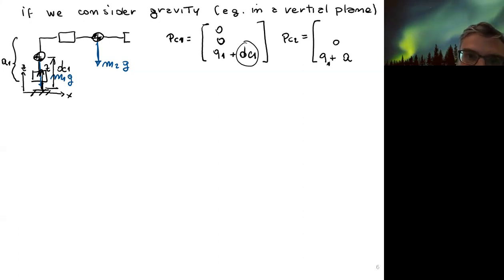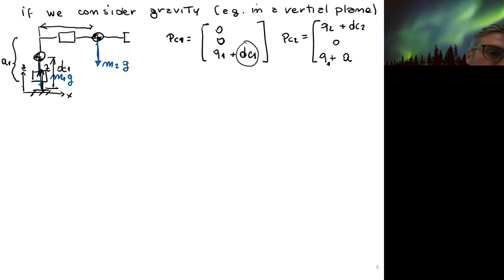Then we have 0 on the y, and this time we have something on the x-axis, which is q2 plus the constant position with respect to the joint frame. Let's say the link frame is here and it's moving out.